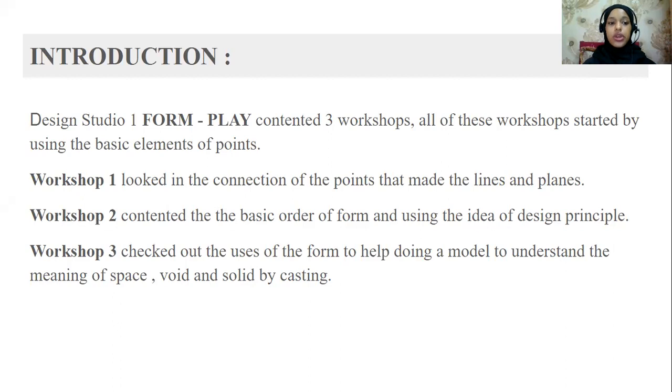In workshop two, it contained the basic order of form and using the idea of design principles. In the last workshop, it checked out the use of the form to help do a model to understand the meaning of space, void, and solve by casting a model with the plaster.